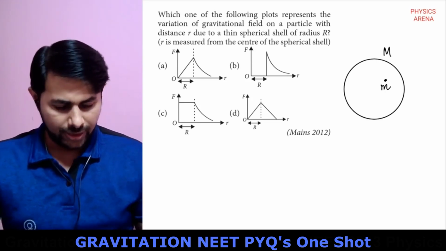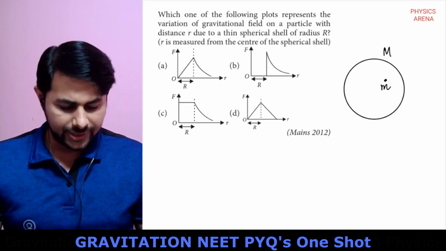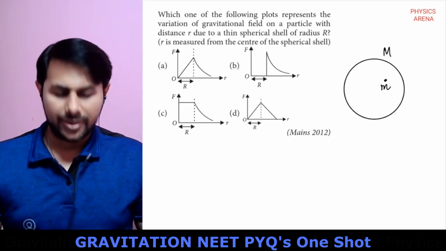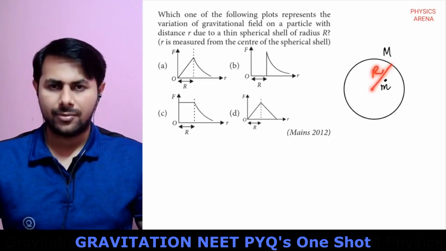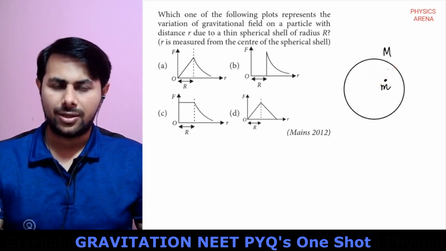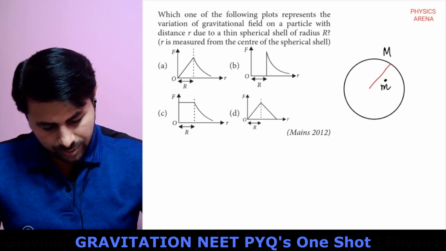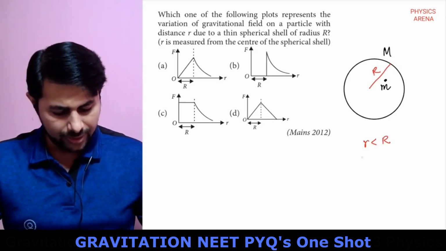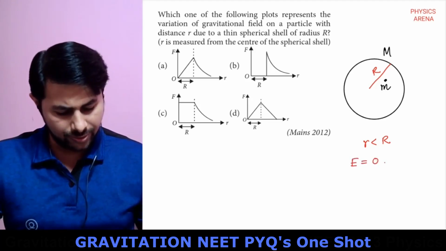Therefore the gravitational field inside the shell is also zero, till the distance R, till you reach the surface of the shell. So when r is smaller than R, E is equal to 0.